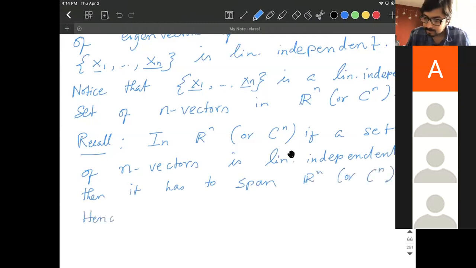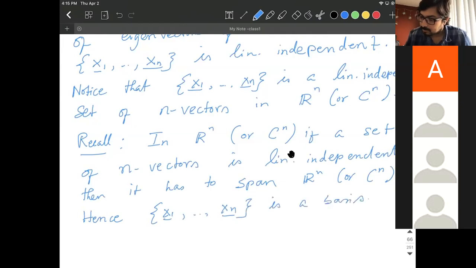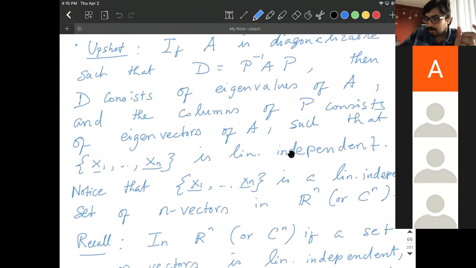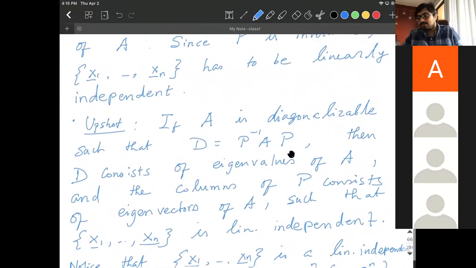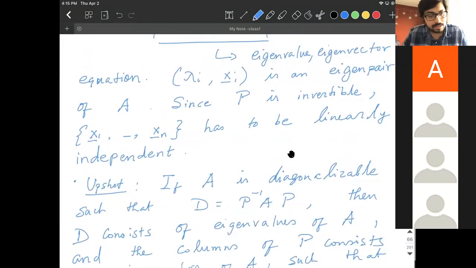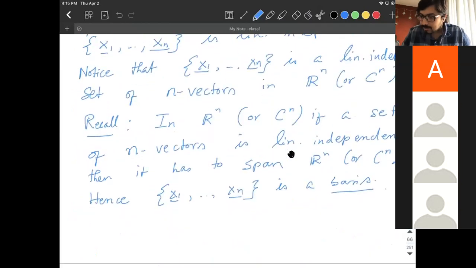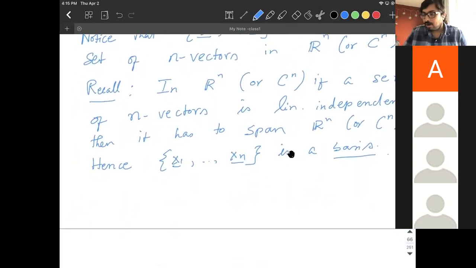Hence, this set is also a basis. So this particular set of vectors, the vectors which form this matrix P, has to be a basis of Rn or Cn.